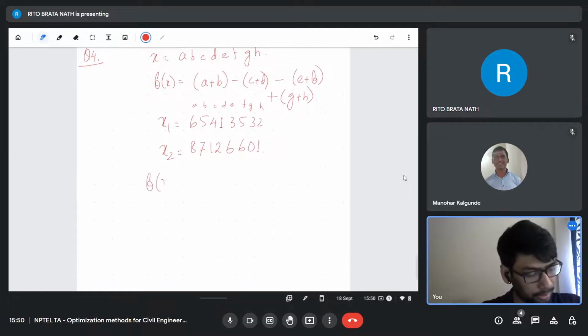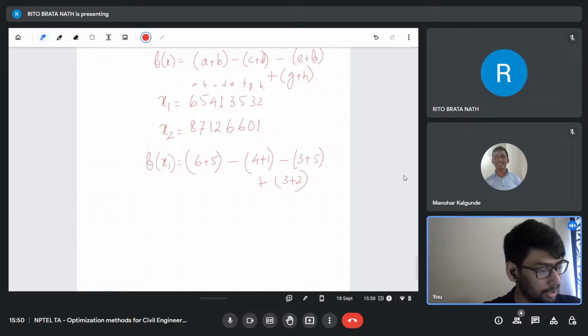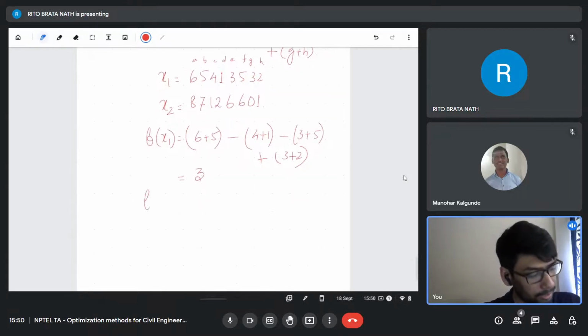For the first one, you can just have 6 plus 5 minus 4 plus 1 minus 3 plus 5 plus 3 plus 2. So this is simple. You'll get 11 minus 5, that's 6, minus 8, so that's minus 2, then plus 3. And for the second one, you will get 15 minus 3 minus 12 plus 1.